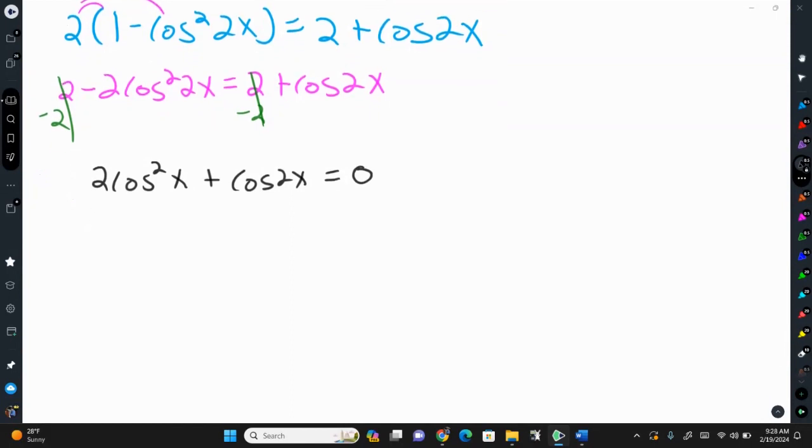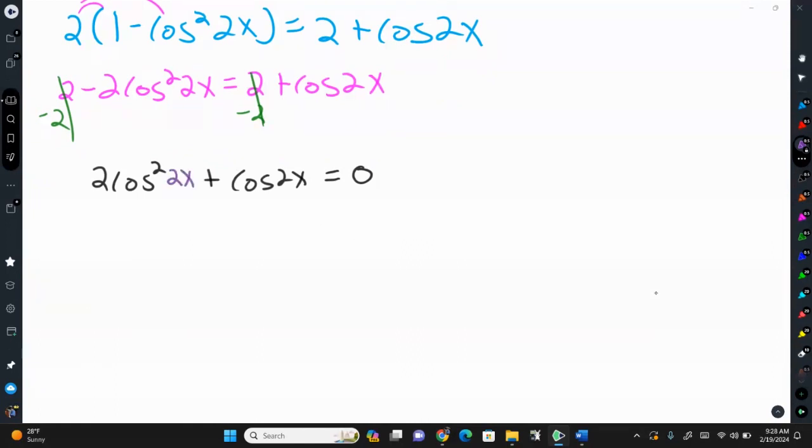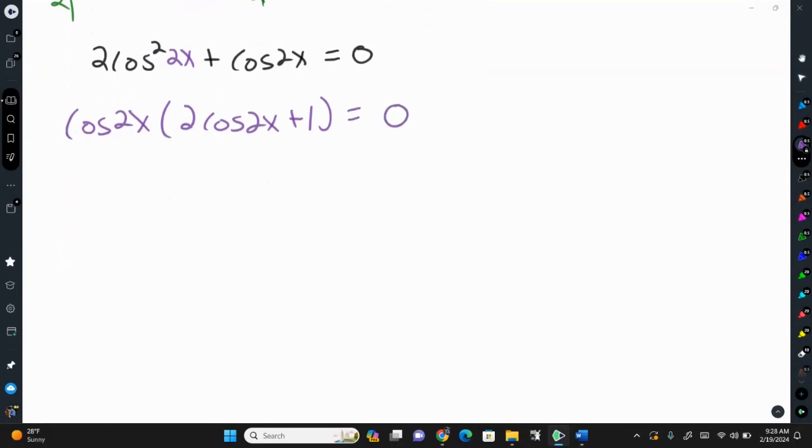Right, then we can factor out a cosine 2x as a GCF. And we're left with 2 cosine 2x plus 1 equals 0. So now we split this up. Cosine 2x equals 0, and 2 cosine 2x plus 1 equals 0.